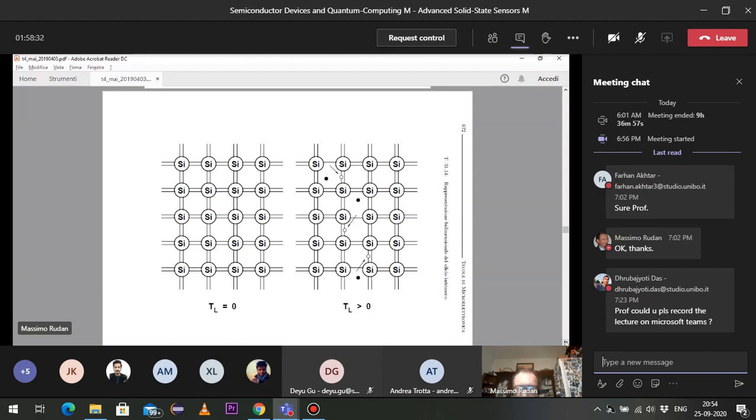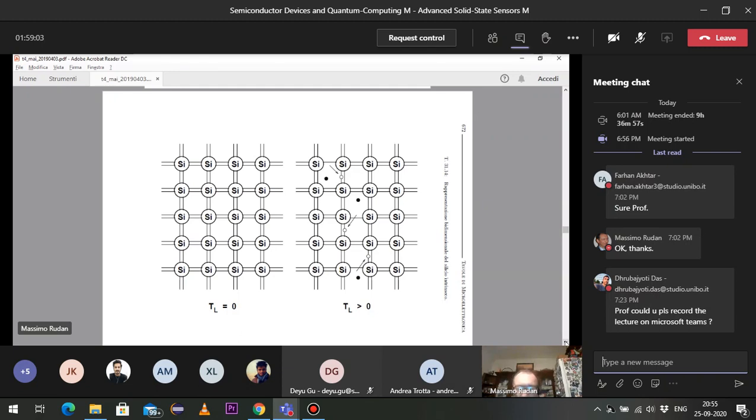If you consider the right part of the figure, we are at some temperature different from 0. That means that some of the electrons have acquired enough energy to detach themselves from the atoms. Okay, so these electrons in the diagram of energy have become electrons belonging to the conduction band. And in space, they have become free electrons.